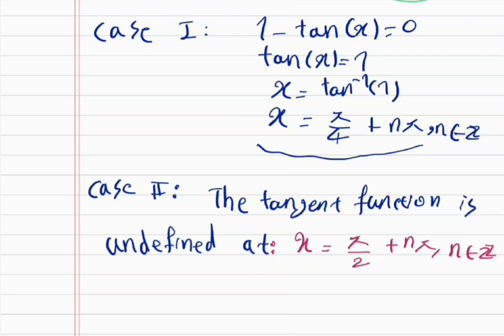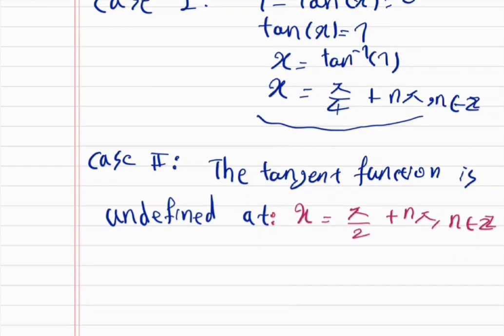So this is just something that we need to remember, that the tan function or tangent is undefined for these x values. And in case you're curious, let me just mention very briefly why this is the case.